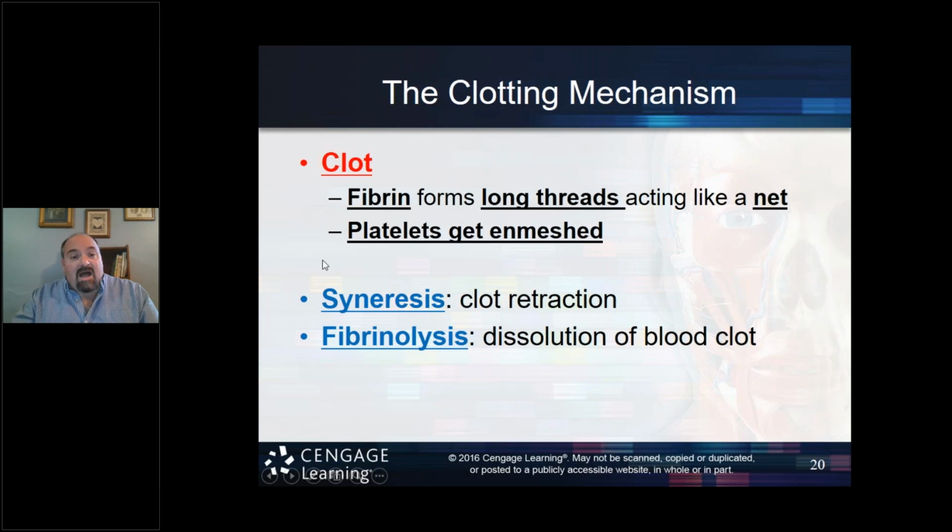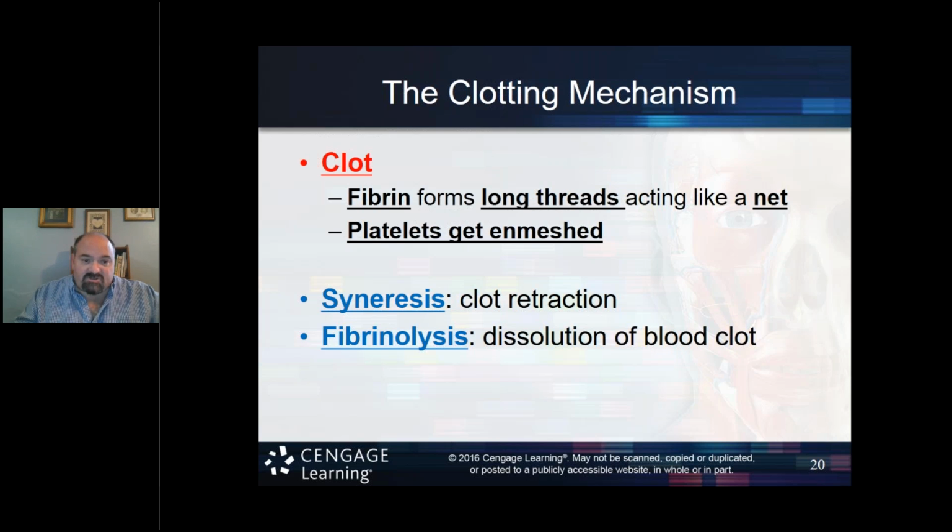Okay? So the clot, and I just said that, right? Fibrin forms these long threads that act like a net, and the platelets get enmeshed. So we're drawing more and more platelets to the area of damage until they interweave with this fibrin, and they'll help to block, cover and close up the damaged blood vessel.